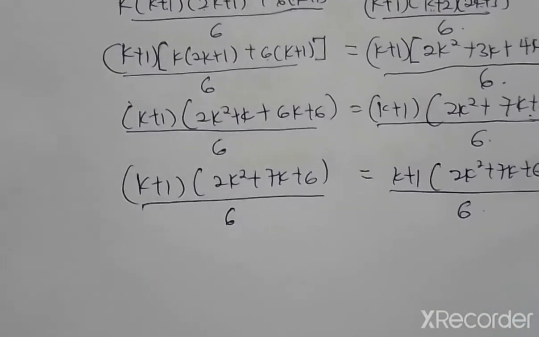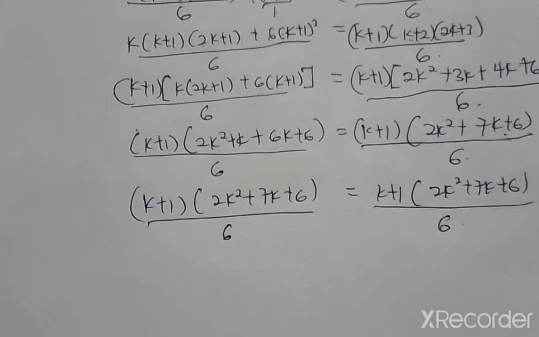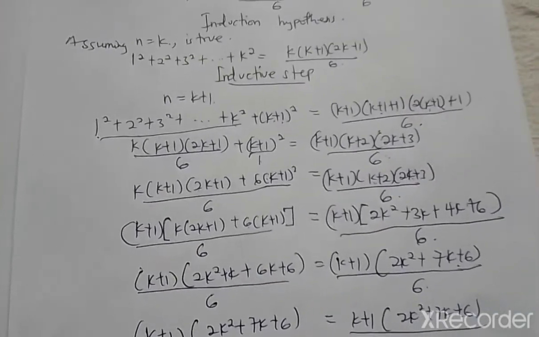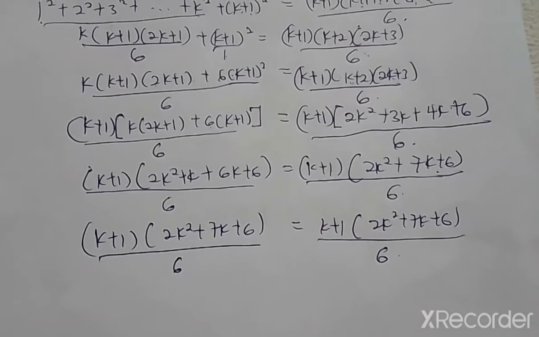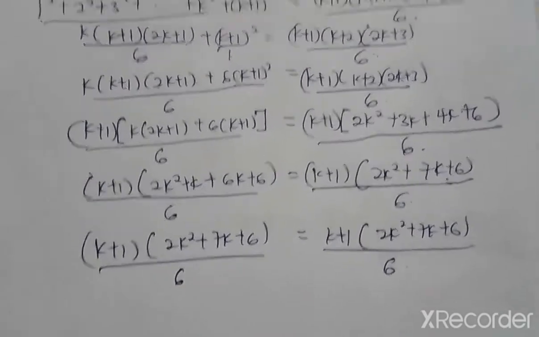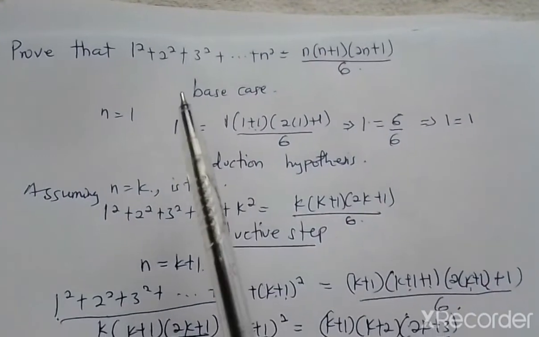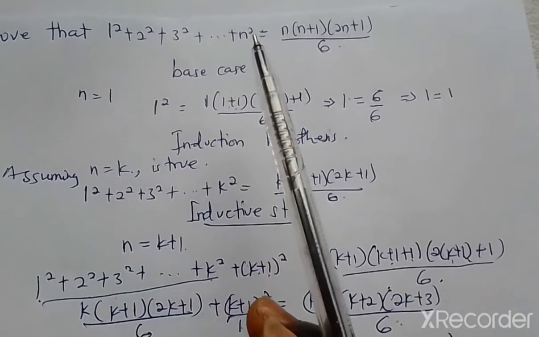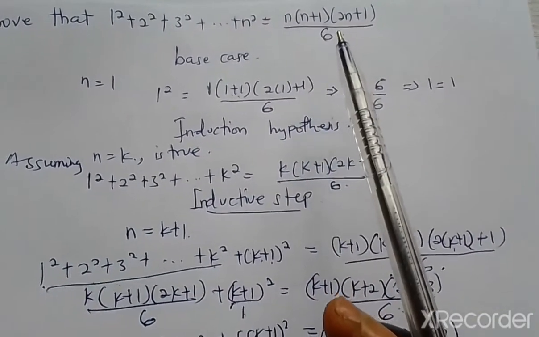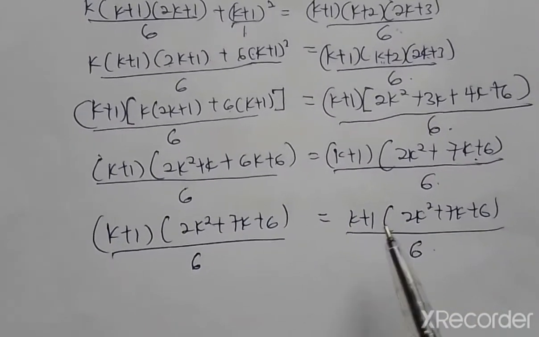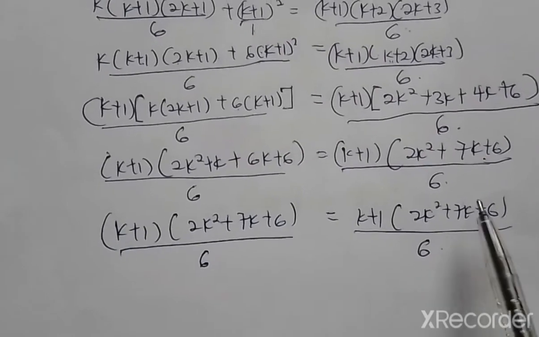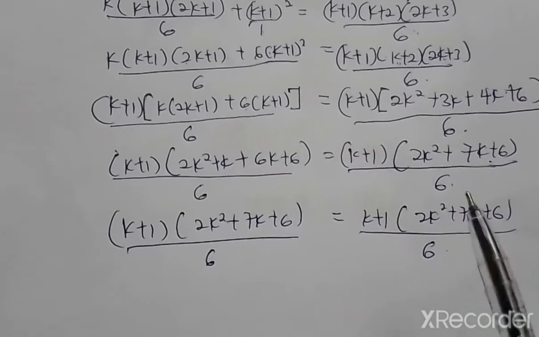Since our left hand side is now equal to our right hand side, we state that the statement is always true from the principle of mathematical induction. So the statement has now been proven, and you can see that 1 squared plus 2 squared plus ... is always equal to this for all natural numbers. From our proof, we arrived that the left hand side and the right hand side are equal. So our statement has been proven.